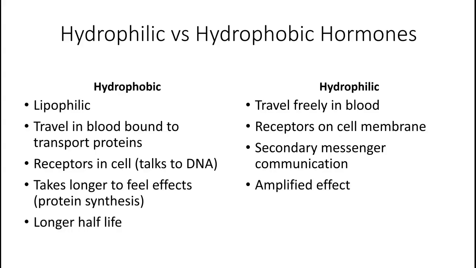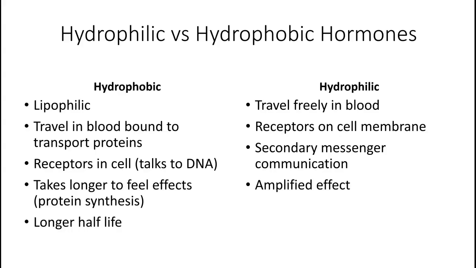Their receptors are in the nucleus, in fact very close to DNA. It sometimes can take a little longer to feel their effects, because if you remember learning about protein synthesis, going through transcription and translation, that can be a lengthy process. Then we talked about hydrophilic hormones.